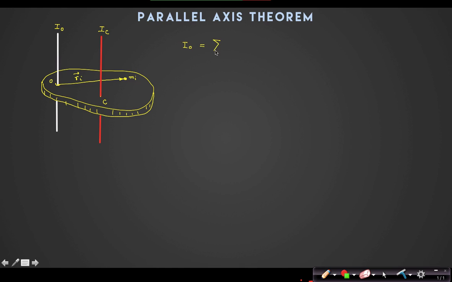Now what can I write as IO? Is it summation of mi into ri square? Yes or no? Yes, sir. I can write ri like this. Can I say ri is nothing but this vector plus this vector? So what is this vector?